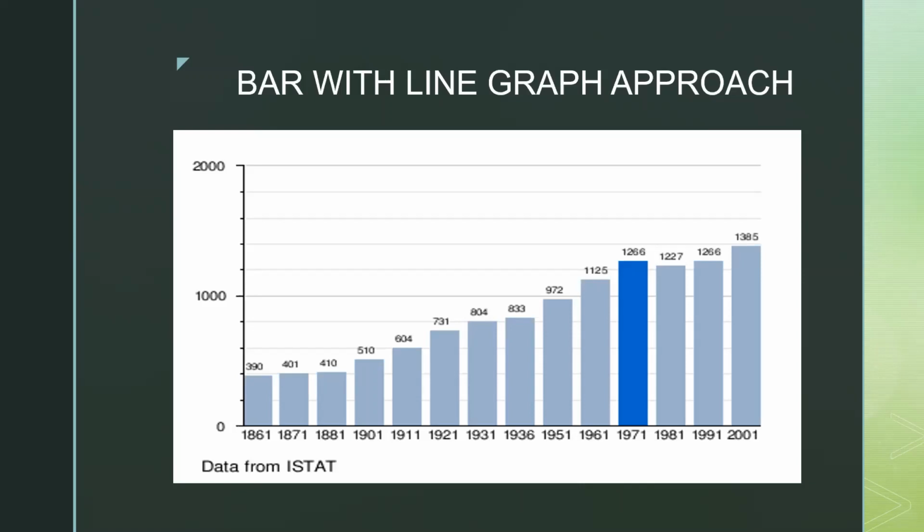The Cambridge will find a way for you to have a low score in the writing. So probably they will be giving you a bar graph, but it actually has a line graph approach. So you need to know how to identify what kind of bar that is. Is it pure bar? Is it bar line? Is it bar pie?